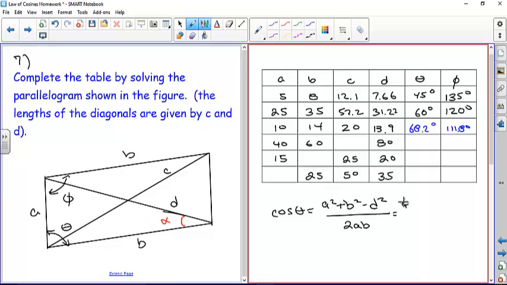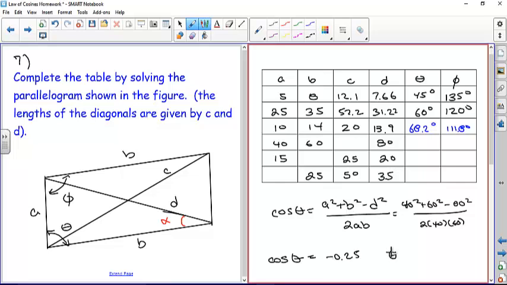So we have 40 squared plus 60 squared minus 80 squared divided by 2 times 40 times 60. So we end up with negative 0.25.